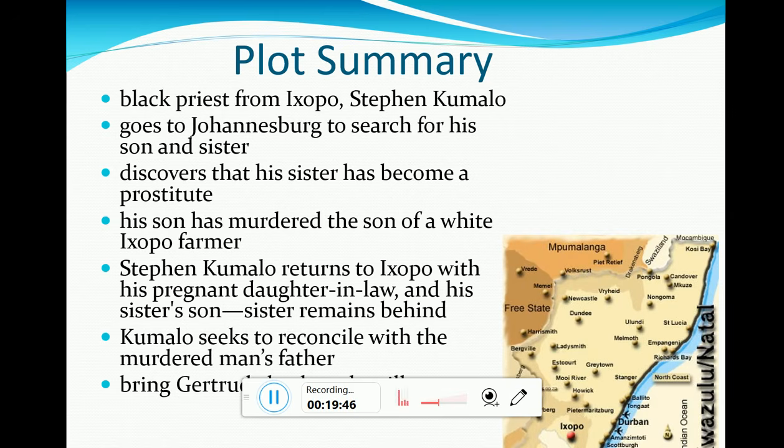The tension also revealed another character of Reverend Stephen Kumalo, whom in the novel, for the greater portion of the time, we get to see as a very humble man of God, a man of faith. But in that moment, he was somehow rude, and he was shouting at his wife.